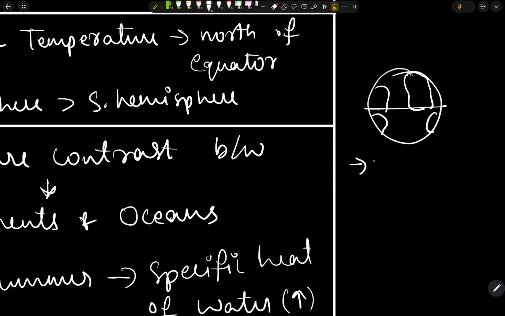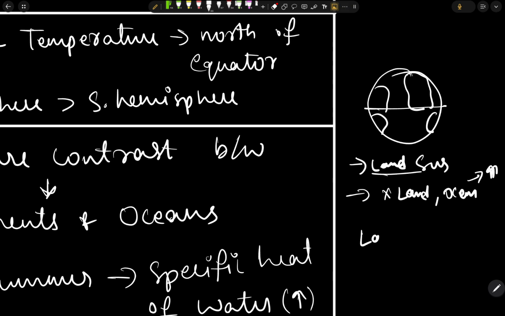And one thing we need to remember is that the southern hemisphere has less land, so the ocean percentage is more, and the land's specific heat capacity is lesser compared to water. That means land gets heated up faster than the oceans.